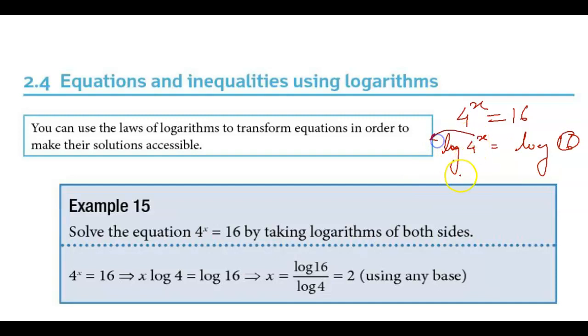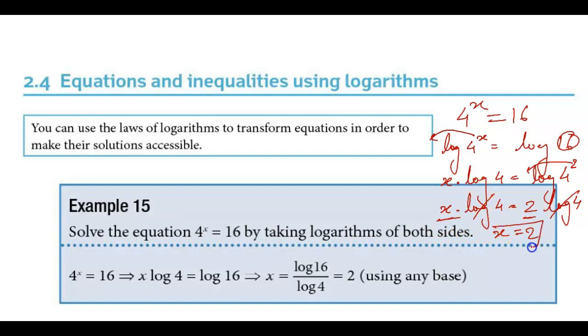First of all take this power in the front side, x log of 4 equals to log of 4 square. 2 comes in front, so you will be left with x log of 4 equals to 2 log of 4. You can reduce this log 4, therefore I am left with x equals 2. Is it clear, children? Easy? Very easy.